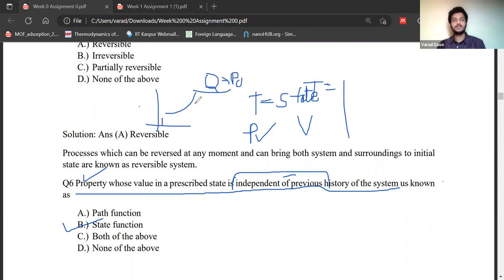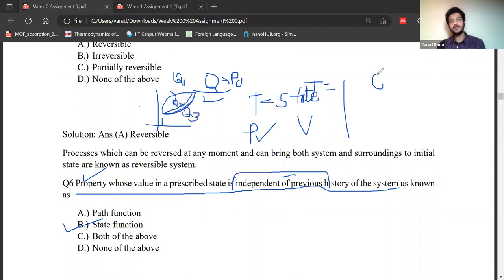Right? For example, we have a system here, and we go from here to here. There are many ways of going. Like this we can go, like this we can go, like this we can go. So the path function will depend on the path. If we follow this path, the path function, let's say heat Q, will be some Q1. If we follow this path, it will be Q2. If we follow this path, it will be Q3.